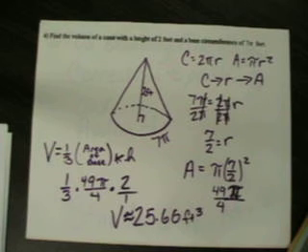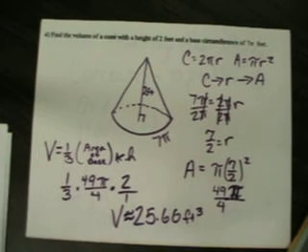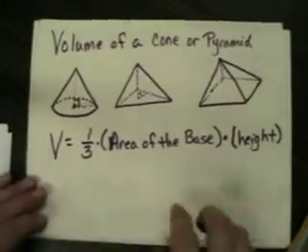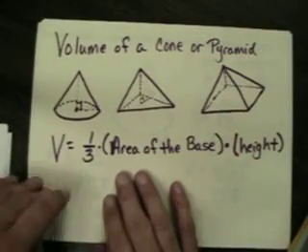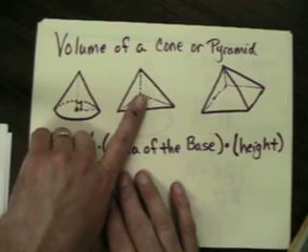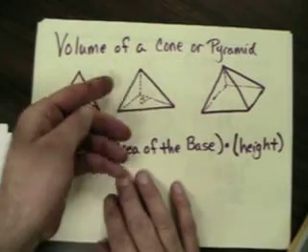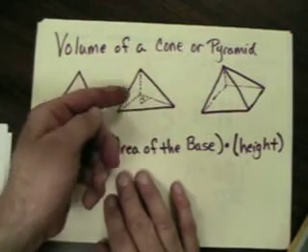Okay, now, just a reminder, we'll just throw these up real quick. Volume of a cone. Remember, if you're finding the surface area of these, like this one, you have to find all the triangles.